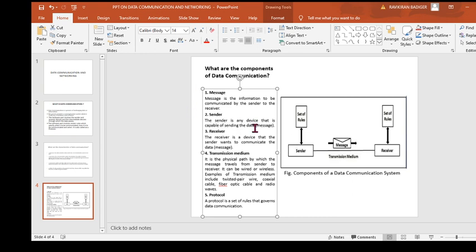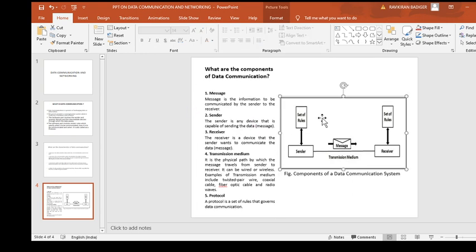So these are the 5 components of data communication. If you want to send and receive the data perfectly and in order, then you have to follow these components, and no doubt we are using all these 5 components.